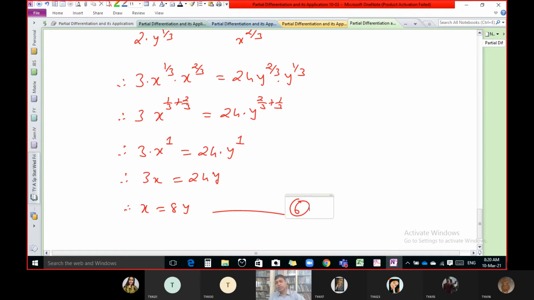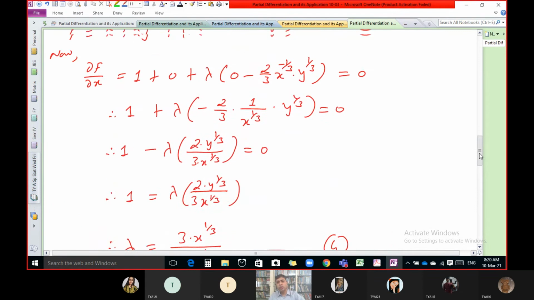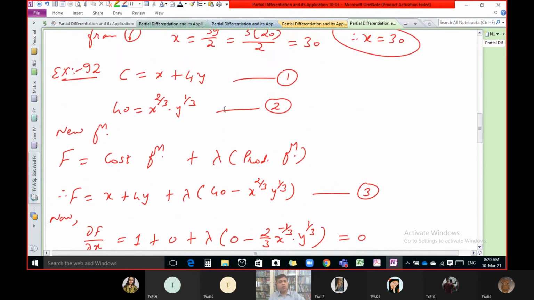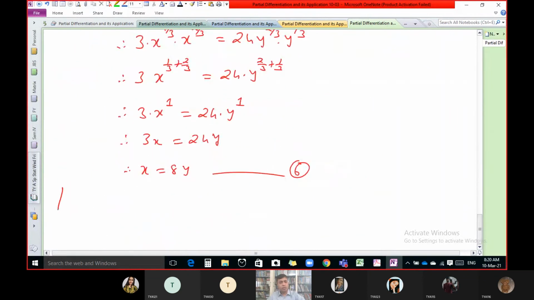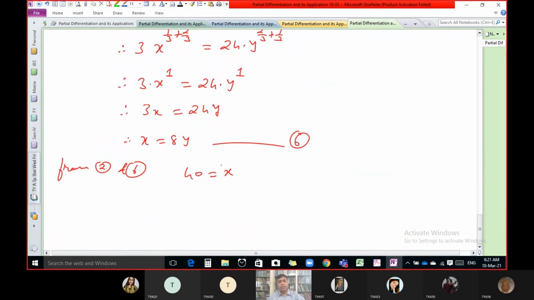Now put the value of equation 6 in equation 2. Equation 2 is what? 40 equal to x raised to 2 by 3 into y raised to 1 by 3. In this, put the value of x. So from 2 and 6, 2 is 40 equal to x raised to 2 by 3 into y raised to 1 by 3.